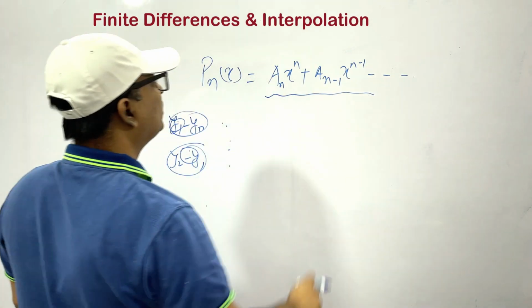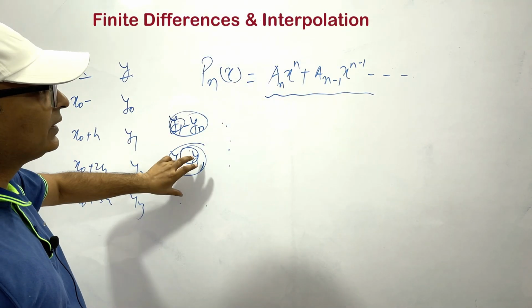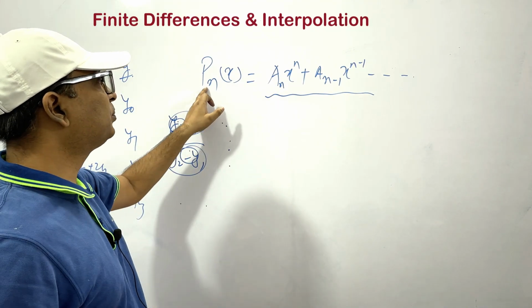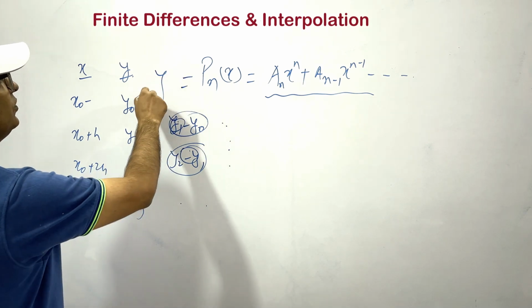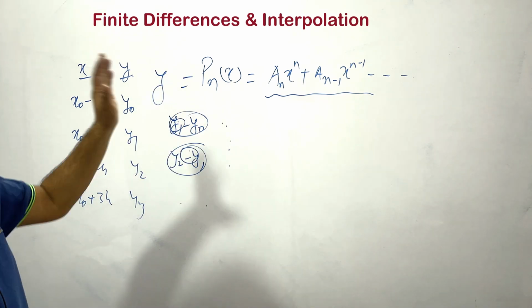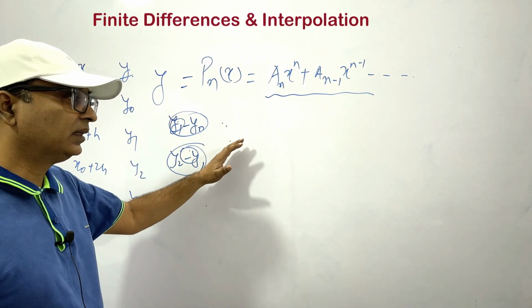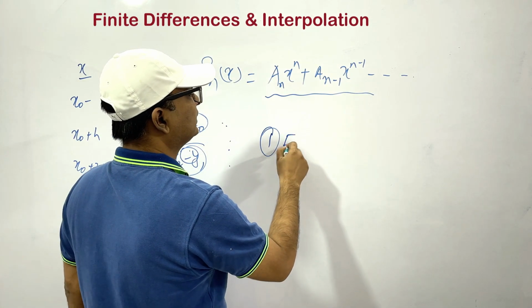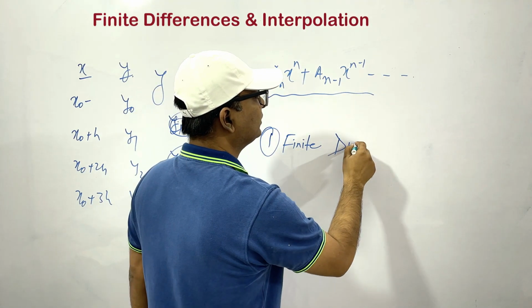And this polynomial uses these points, the finite differences, and we are able to put in the value of x and approximate the value of y. This Pn(x) is actually y. So we are able to formulate it. So the first step is to construct a finite difference table. Okay, understand this. First step is to construct a finite difference table.